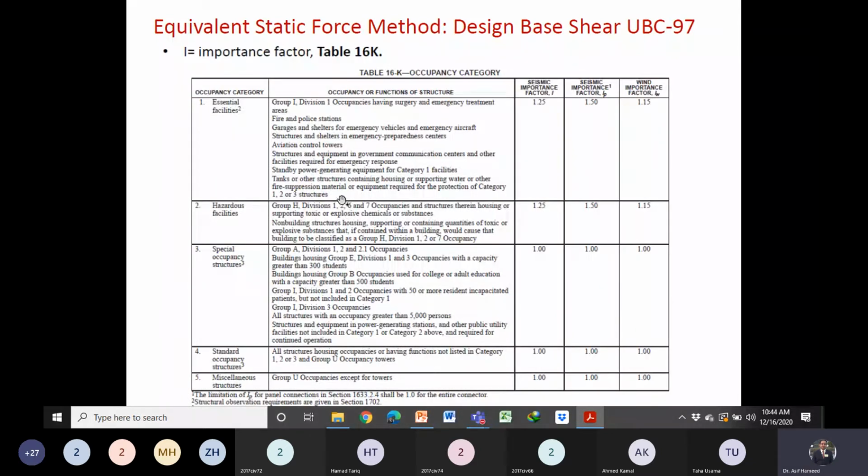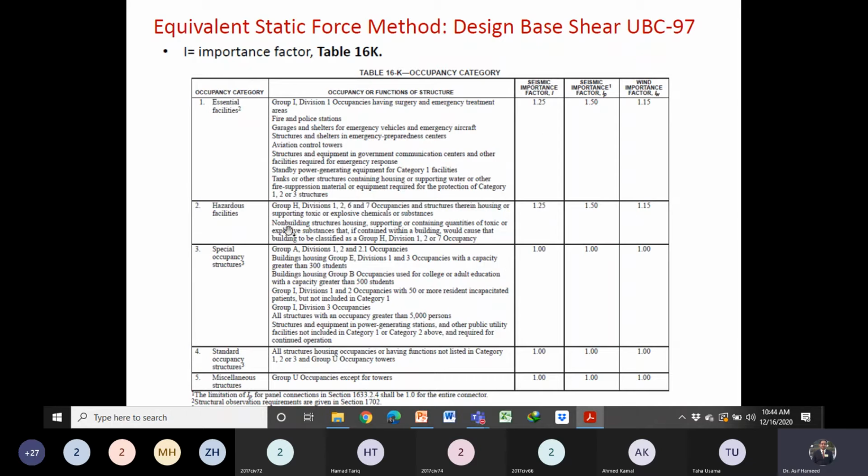Okay, then the importance factor I, how important the structure is. If it is for emergency treatment areas, fire or police stations, emergency preparedness centers, aviation control towers, these are essential facilities, so the importance factor is high.